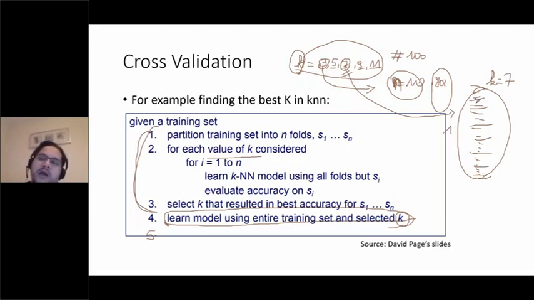So where are we going to evaluate it? This model is using everything we have, all of the training that was in here.